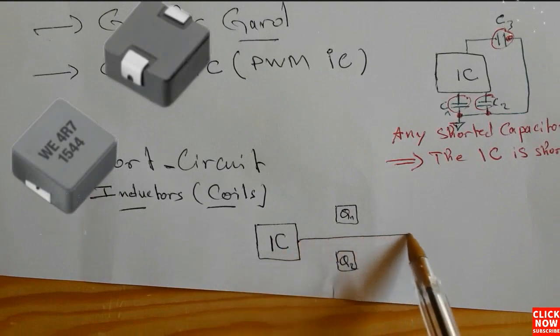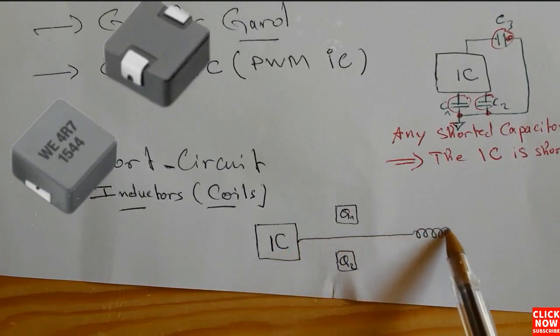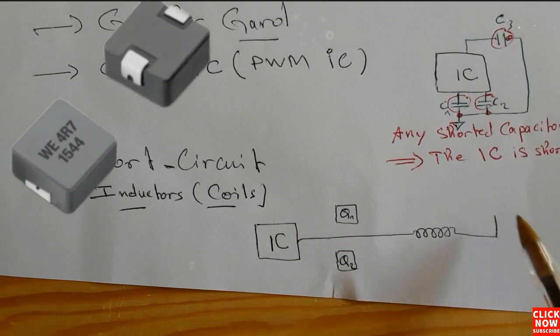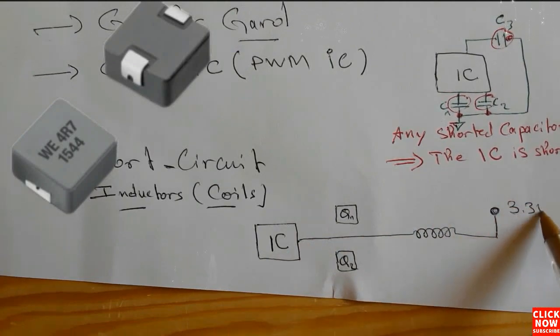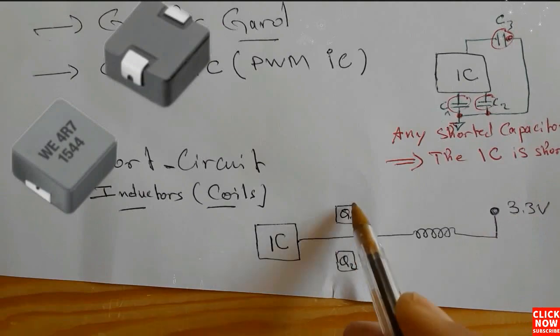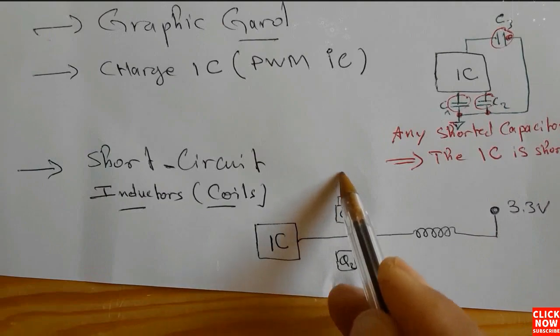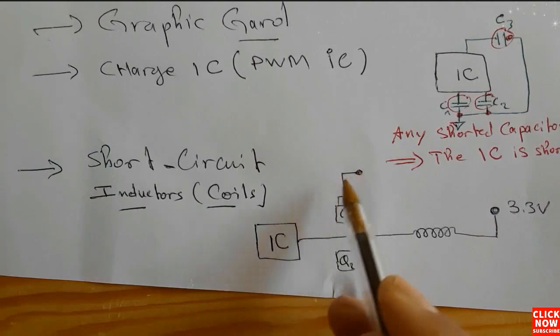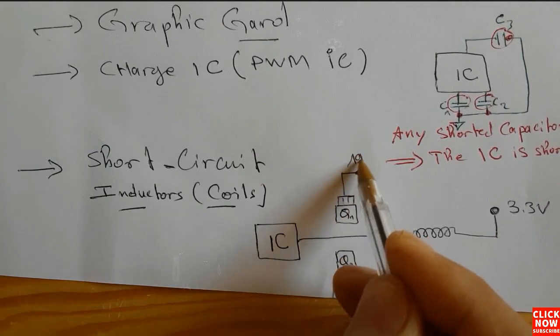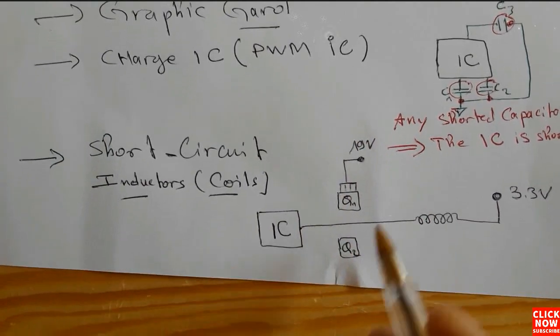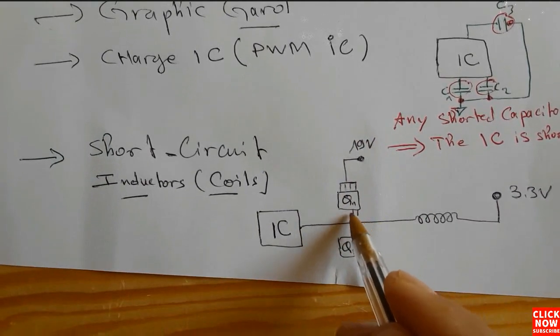So let's, for example, draw a circuit. Here we have an IC. We have, as you can see here, 2 MOSFETs, and we have an inductor, and here we have the 3.3 volt. Basically, this is the 3.3 volt circuit. This MOSFET is connected, as you can see here, to 90 volt in each drain.